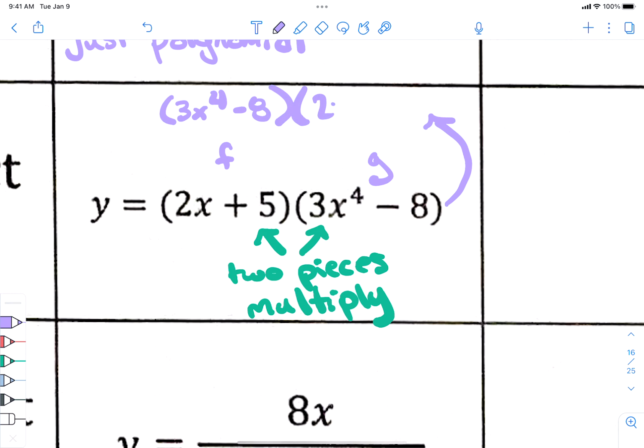This means the same thing. It doesn't matter what order I multiply them in, so I could easily call this guy F and this guy G. But it does matter what order you divide in. So F has to be the top, G has to be the bottom. You don't necessarily have to write that, but I'm just showing you it doesn't matter.